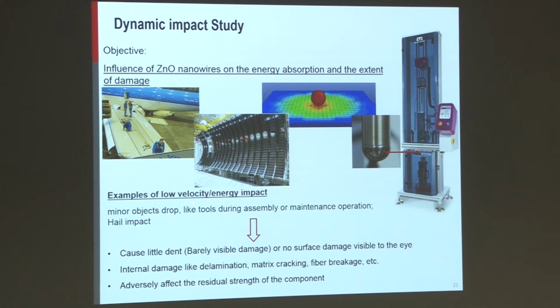These low energy impacts are very important because they cause barely visible damage. That means on the surface you see very small dents, but it damages the interior of the material significantly, which adversely affects the residual strength of these components. So it's very important to study the effect of low velocity impact on structures.